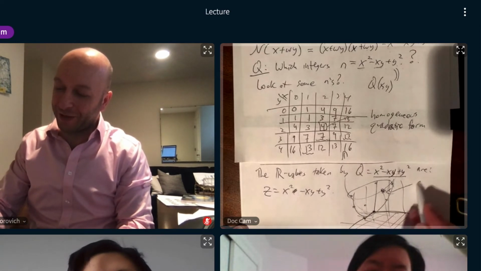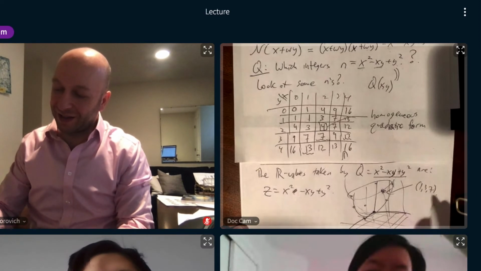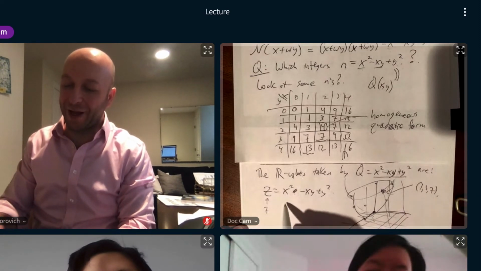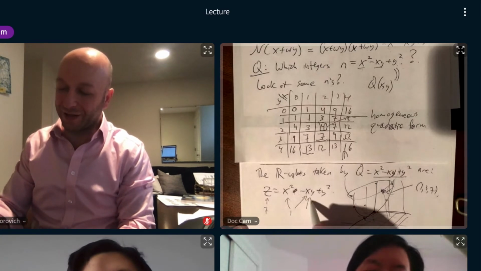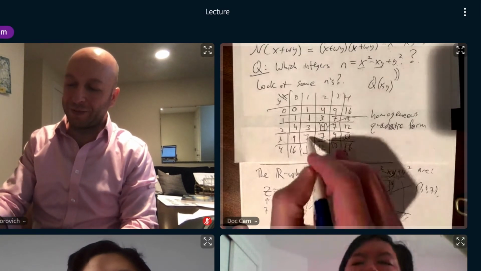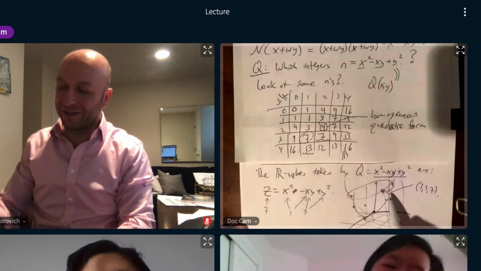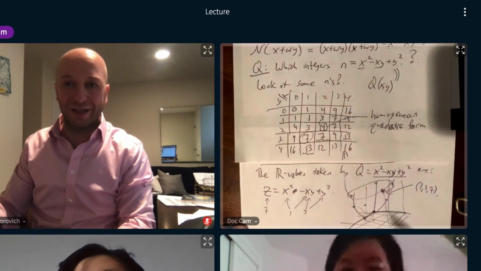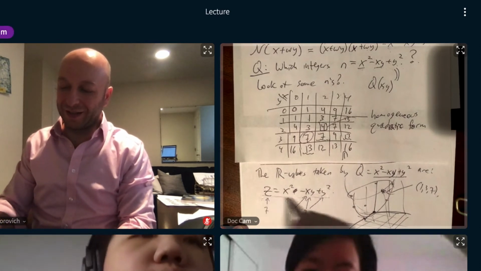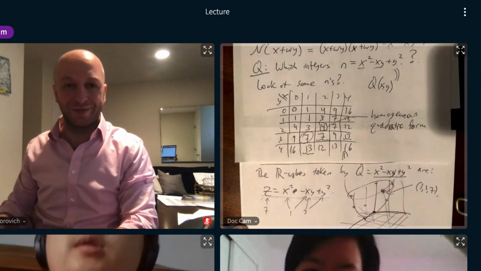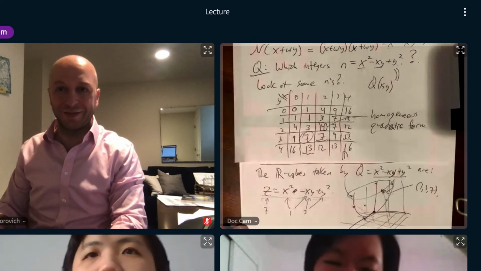So this is the point 1, 3, 7, where z is equal to 7, and that's the value of the quadratic form when x is 1 and y is 3. Okay, so this point, graphically, is this point. Does that kind of make sense? This is the way to see this as a surface in real space.